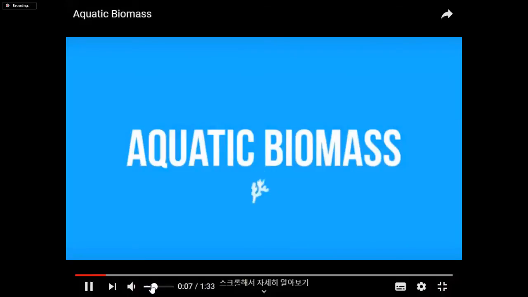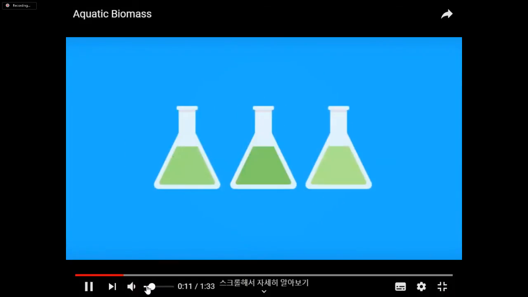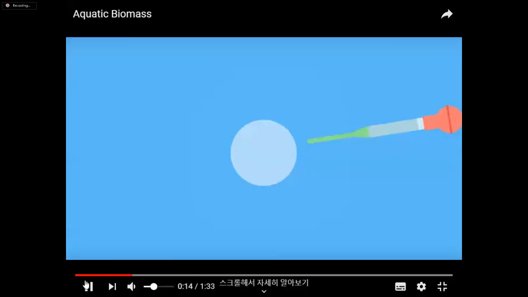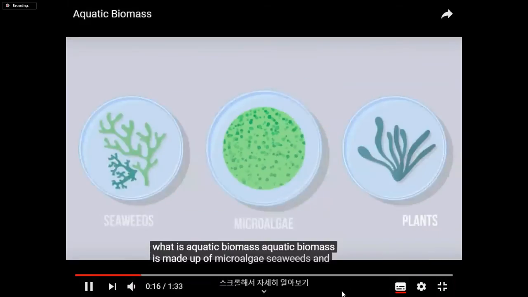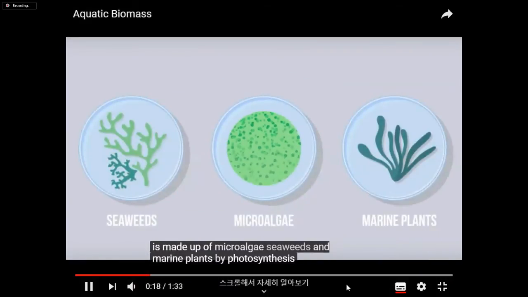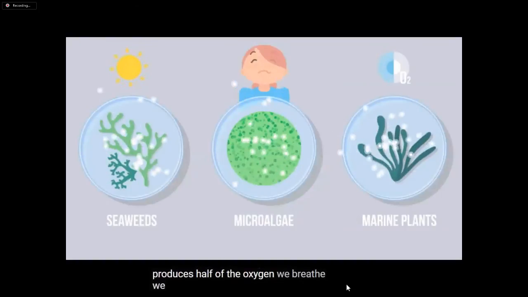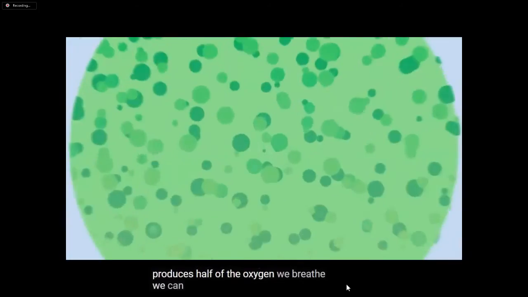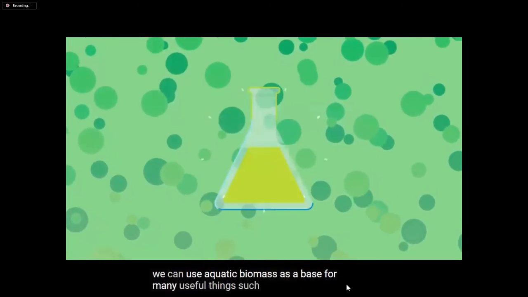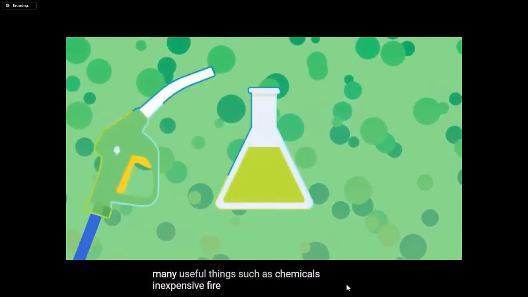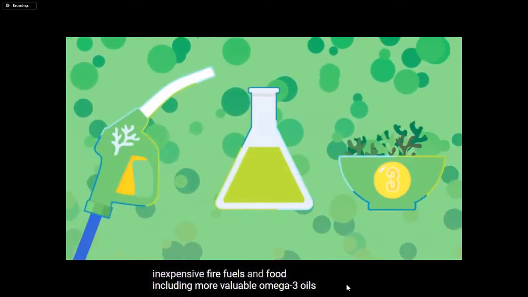Just 1 minute. What is aquatic biomass? Aquatic biomass is made up of microalgae, seaweeds, and marine plants. By photosynthesis, it produces half of the oxygen we breathe. We can use aquatic biomass as a base for many useful things, such as chemicals, inexpensive biofuels, and food, including more valuable omega-3 oils.